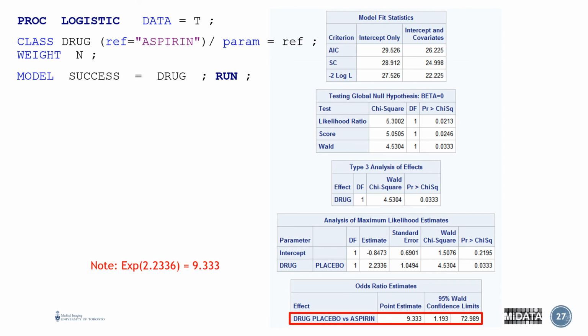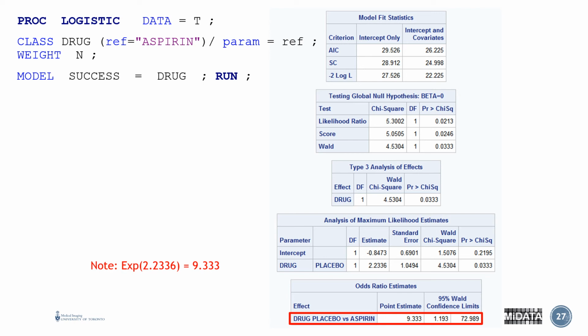Let's take a moment now to discuss a few properties of logistic regression when using SAS. You'll remember a few slides ago when we were talking about the odds ratio that depending on the group in the denominator as your reference, your odds ratio can either be between 0 and 1 or greater than 1, or of course equal to 1 if both groups are the same.